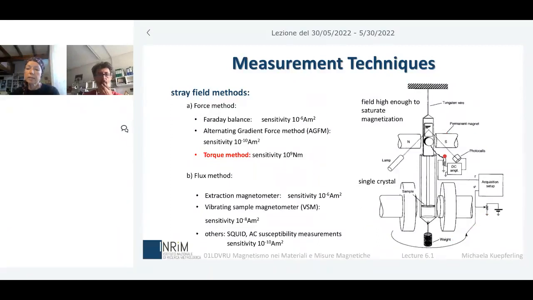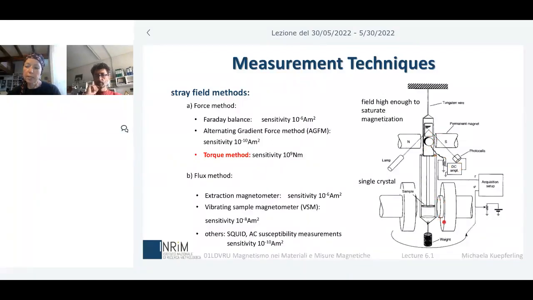Of course, you suspend your sample, as I showed you already the last time, on a wire, and then it will feel a torque in a magnetic field, and you can measure this torque by reflecting light on a mirror which is attached to your sample.